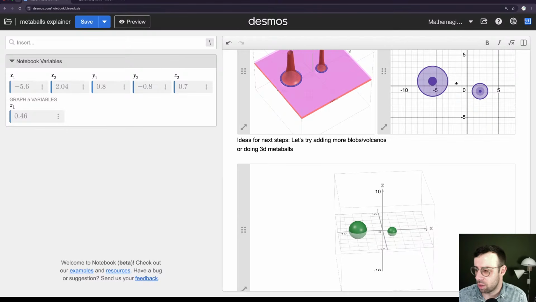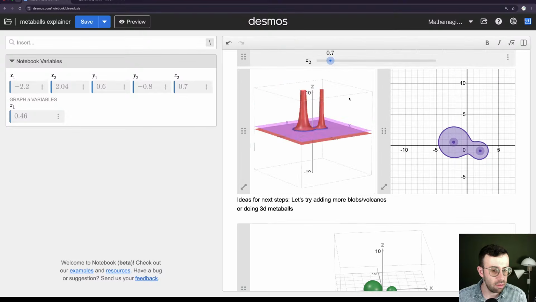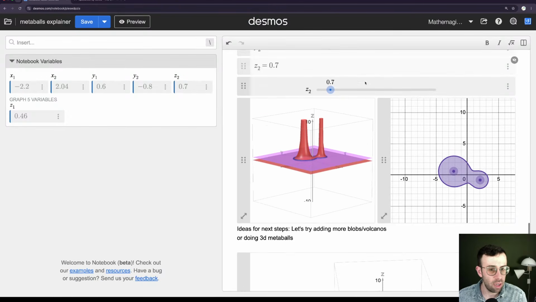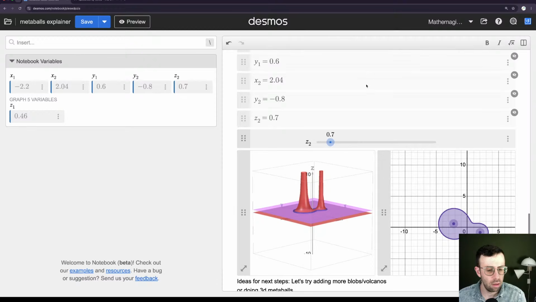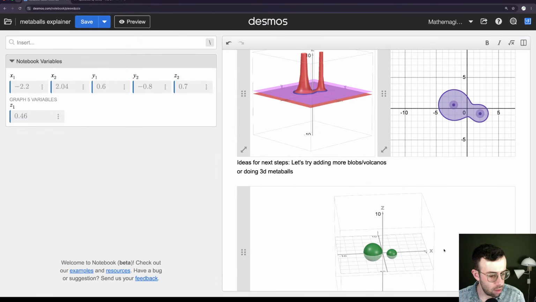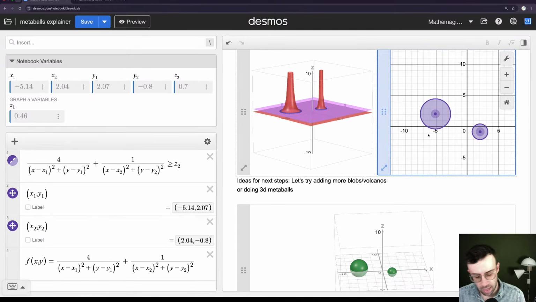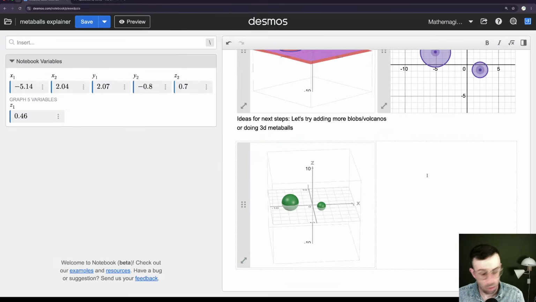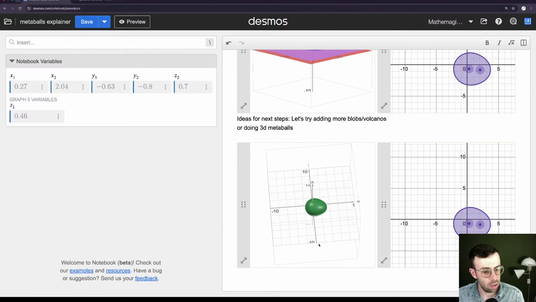Change Z1 and Z2 to threshold. Yeah, probably. I just kind of like that it's literally Z equals, and so I wanted to do Z1, Z2, but it's not amazing. What I could do is copy this graph and have them next to each other.